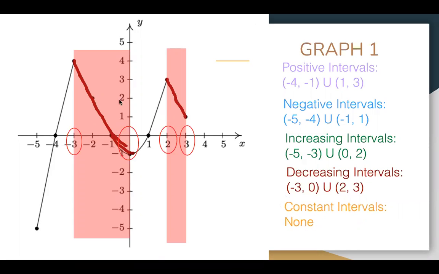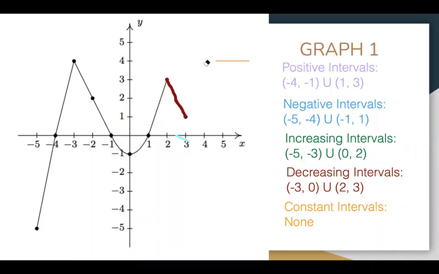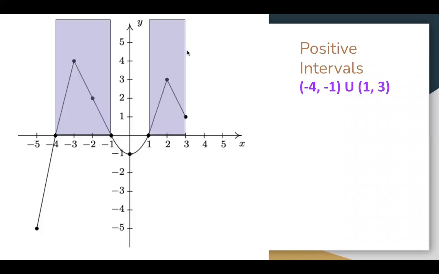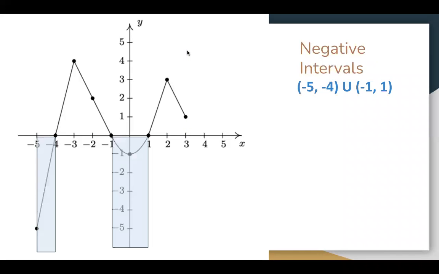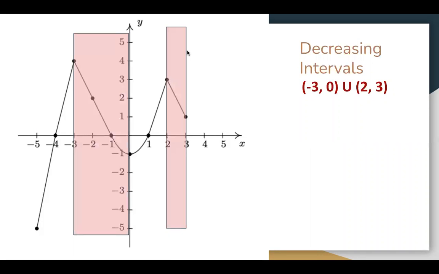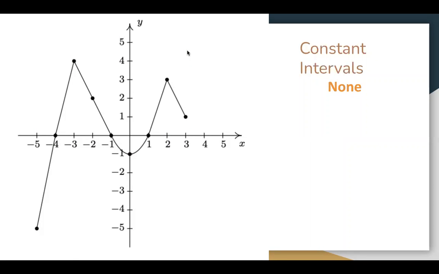So here are all my intervals for the first graph. And if you go to the PowerPoint where all the answers are, you can see that broken up as well. Our positives, negatives, increasing, decreasing, and nothing for constant.